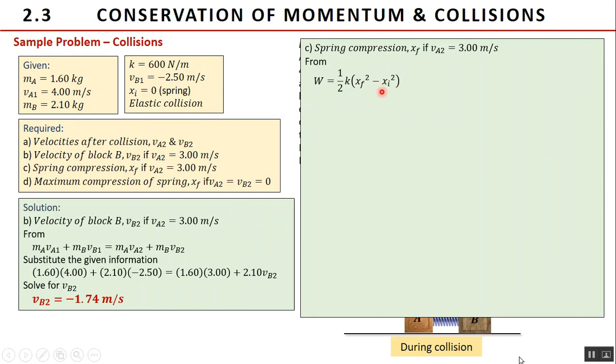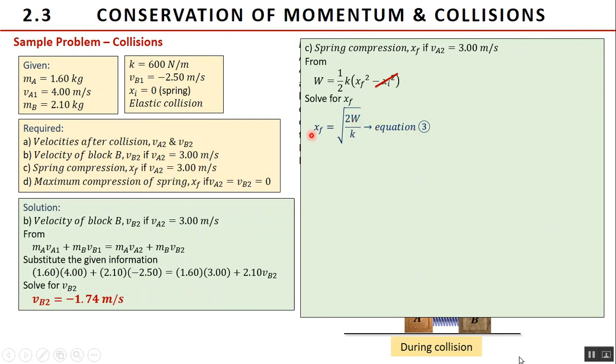And that work is given by the equation 1/2 of the spring constant k, multiplied by the difference of the squares of X sub F and X sub I. We can eliminate X sub I, since it is 0. From here, we solve for X sub F, so X sub F is equal to the square root of 2 times the work done W, divided by the spring constant k. Now, we label this as our equation 3.